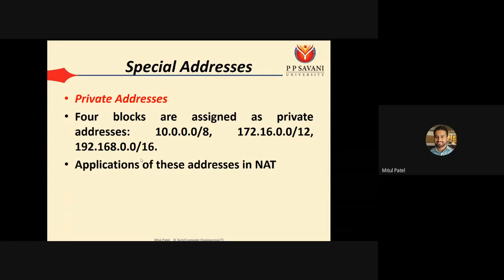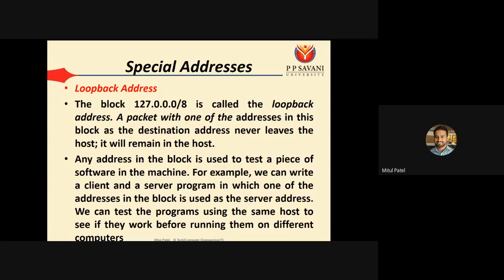Okay, the fourth one is the loopback address. The loopback address is 127.0.0.0/8. When is the loopback address used? For example, sometimes your own host is working as a source and your own host is working as a destination. For example, you have built a chatting application on your machine and you want to test it.